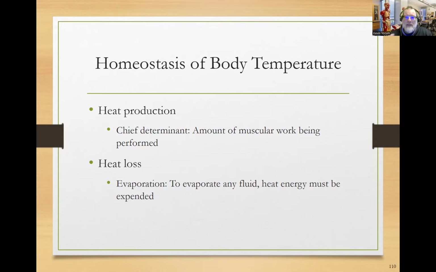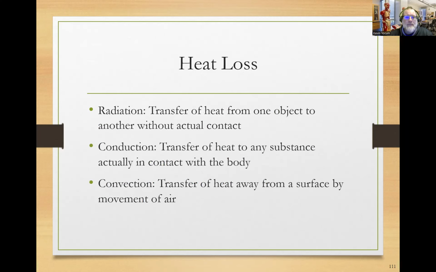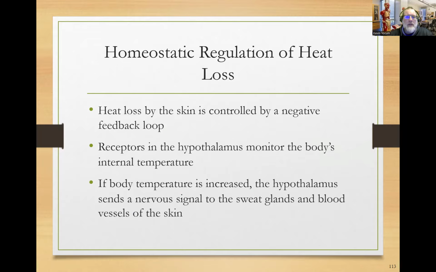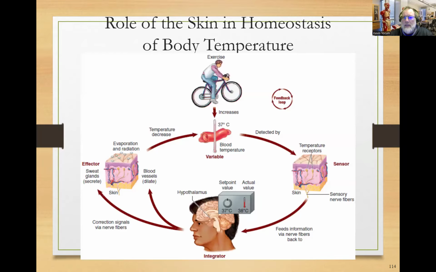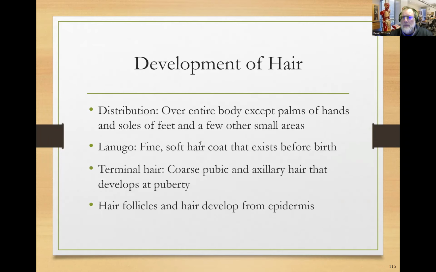The sweat goes to the surface of the skin, and as it evaporates into the outside environment, that evaporation takes heat with it. They call it evaporative cooling. Anyway, these are all things that we get into in more detail next semester when we talk about physiology.